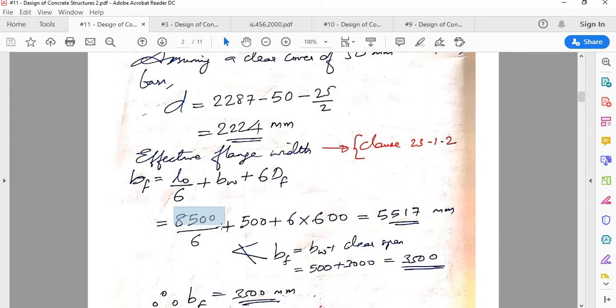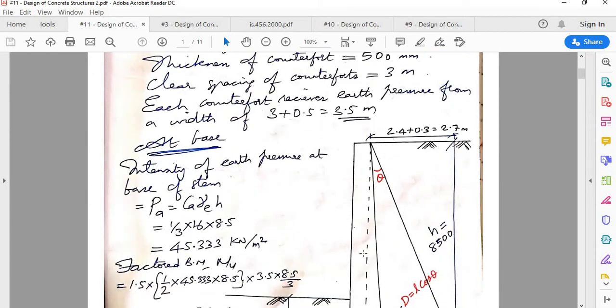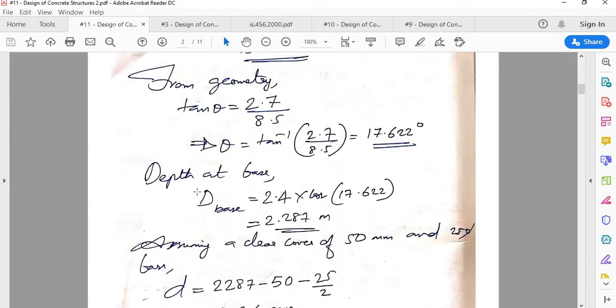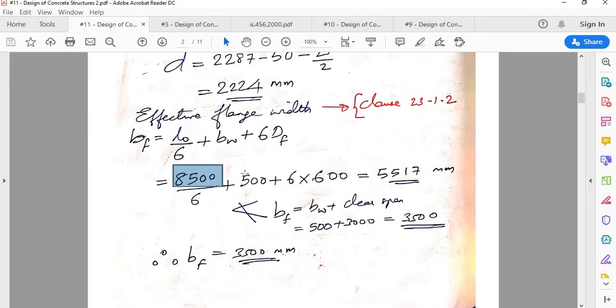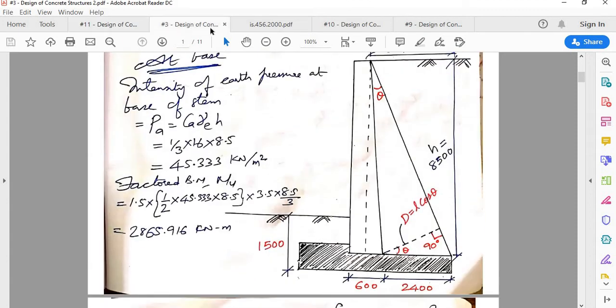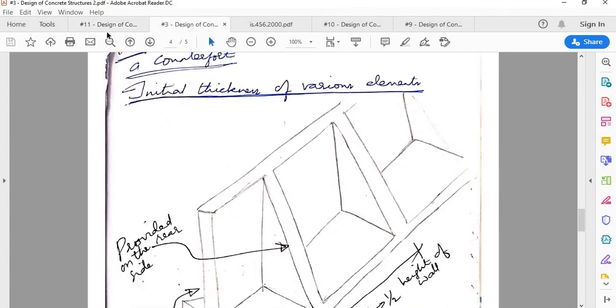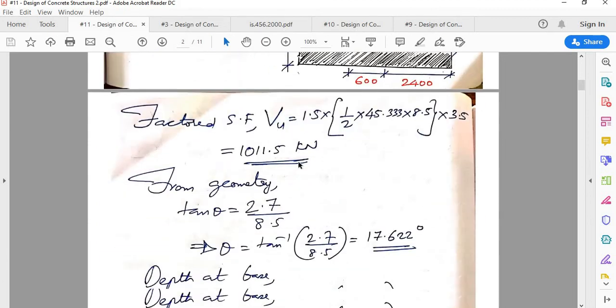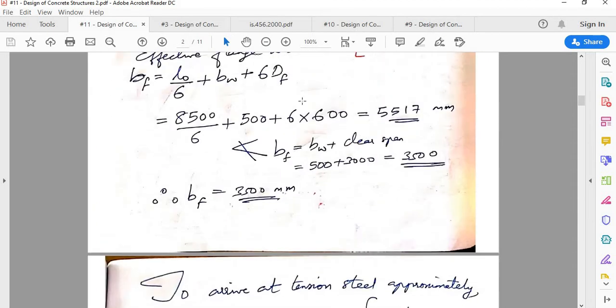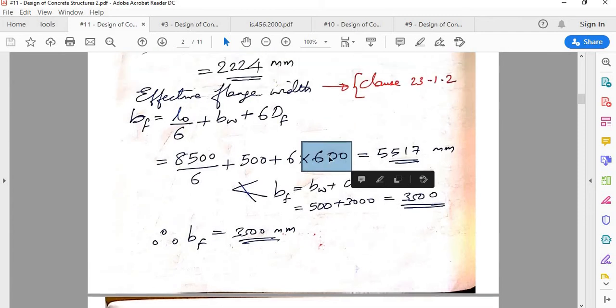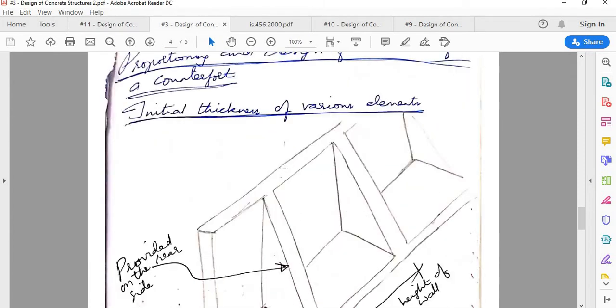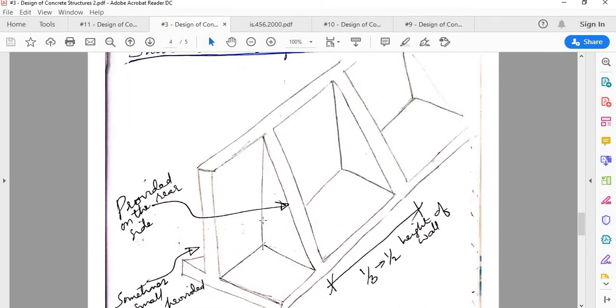Span is 8.5 meter, which is the length of the total span of the cantilevering T-beam. BW is the width of the web. The thickness of the counterfort is 0.5 meters, so that is that. And plus you will have 6 times the depth of flange. Here the depth of flange is nothing but the depth of the heel.